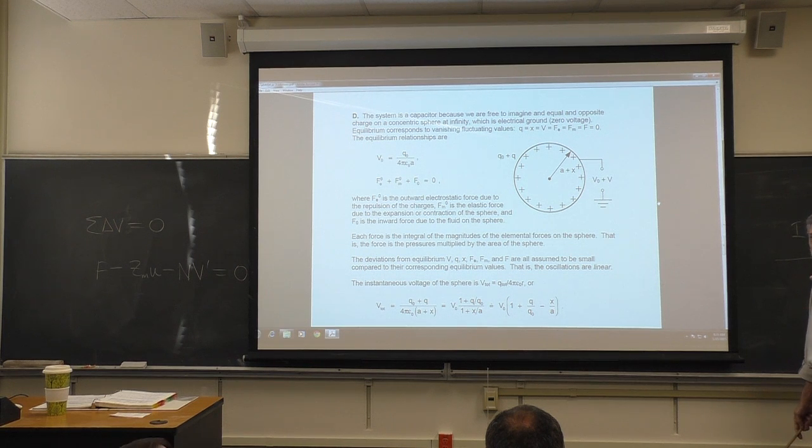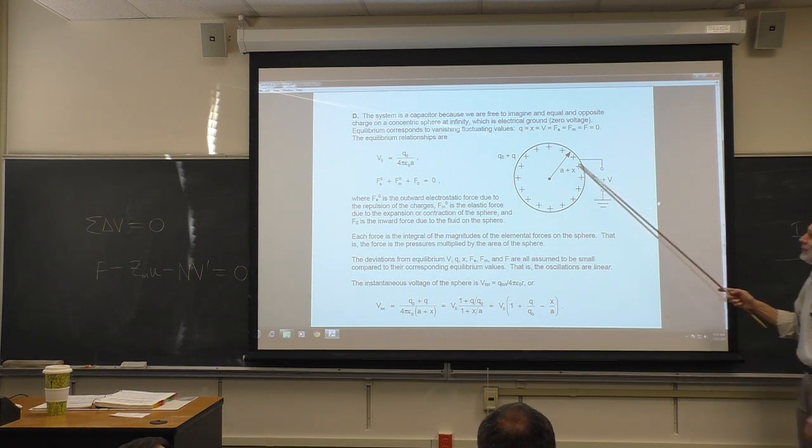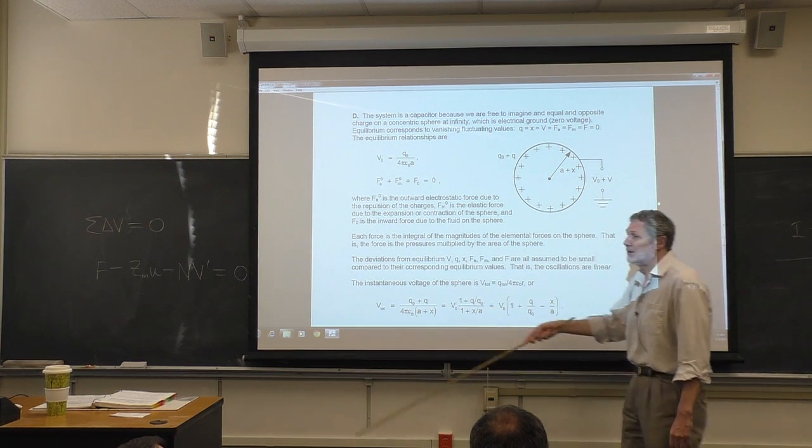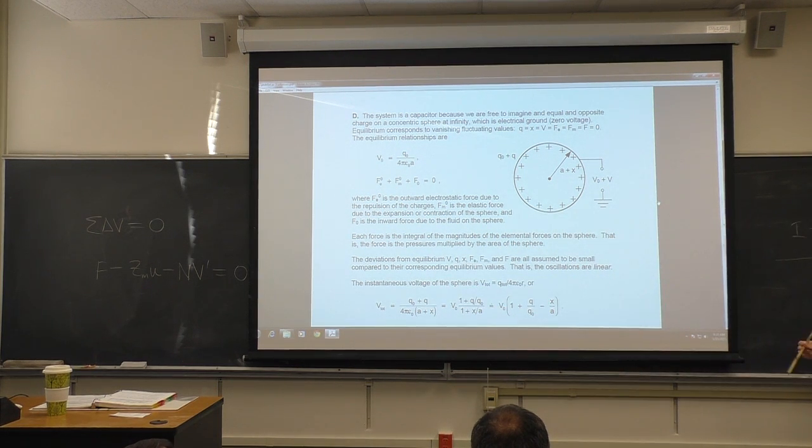Because capacitors are supposed to have two plates, right? And when we talk about capacitors and use the word plate, it doesn't necessarily mean a flat plate. It's a conductor. We really should say conductor. Where's the other conductor? Well, we're free to imagine it to be a concentric conducting sphere at infinity.